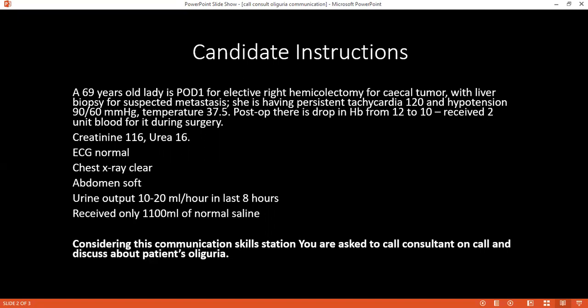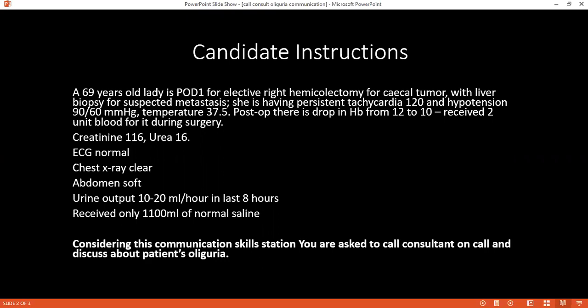Okay, my plan of action: I will manage her according to protocol, including the ABCDE approach, and I will focus on fluid resuscitation. I will give her 1,000 ml of fluid over 1 hour, and I will monitor her response accordingly. After that, I will update you. Okay.